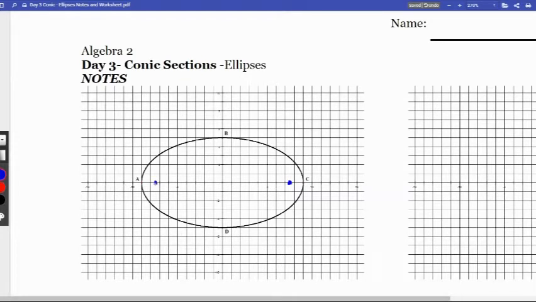And so my definition of this ellipse is that every point on this ellipse obviously is not the same distance from a center, but if I take the sum of this segment and that segment, no matter where I do that on this ellipse, this distance plus that distance would be the same as this distance plus that distance.